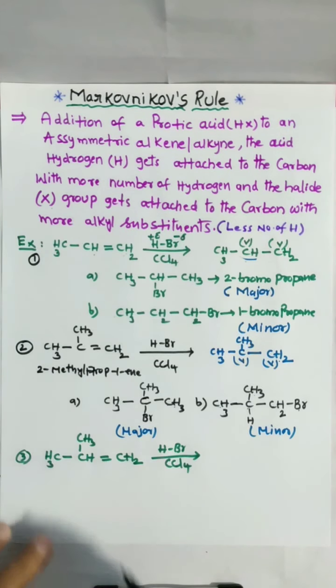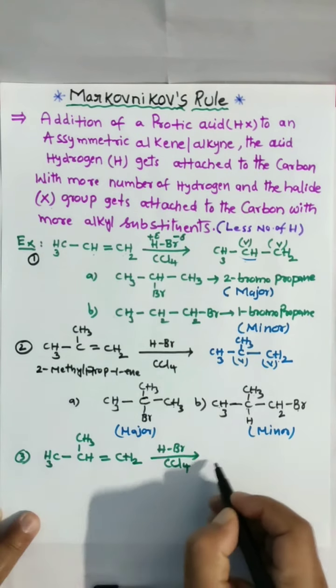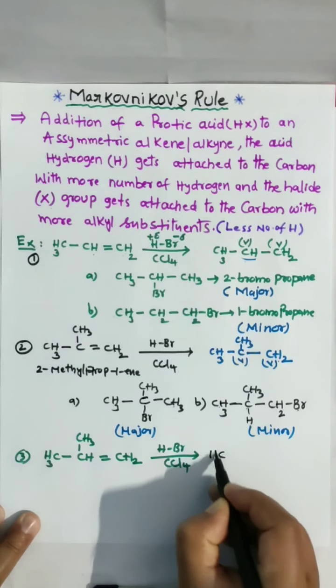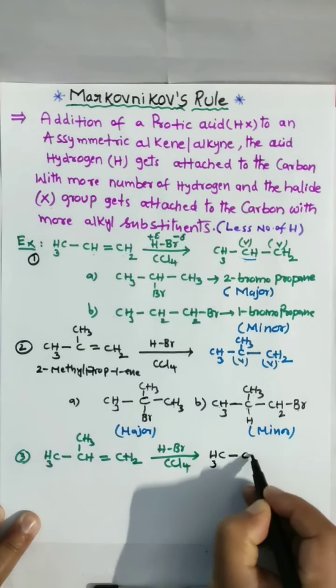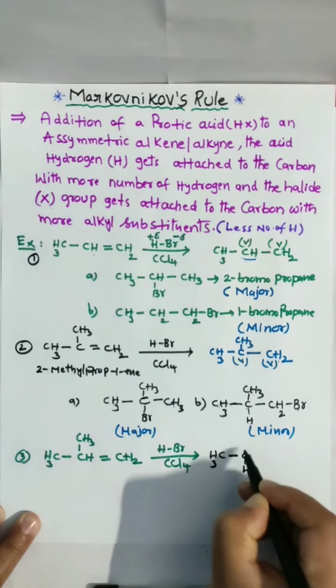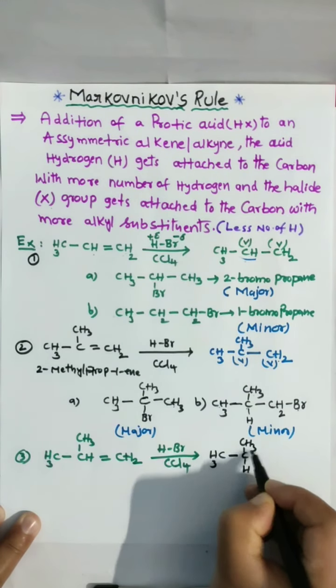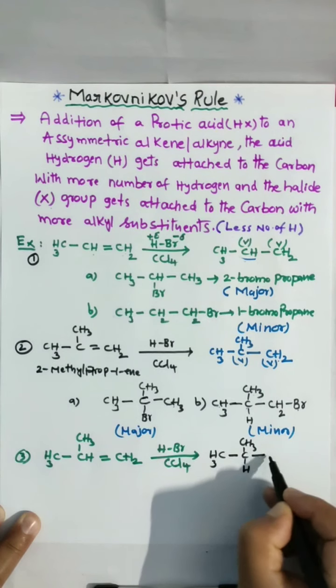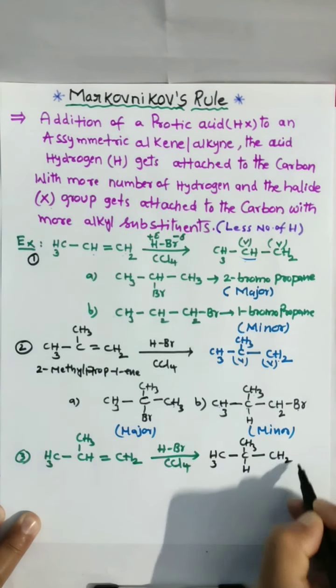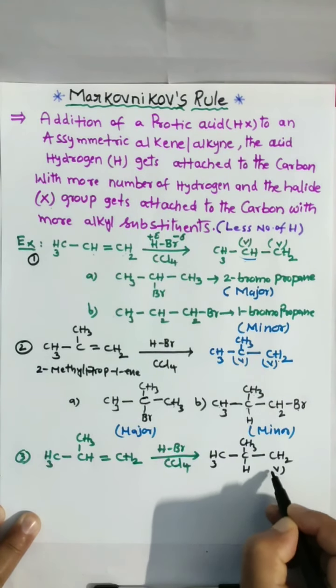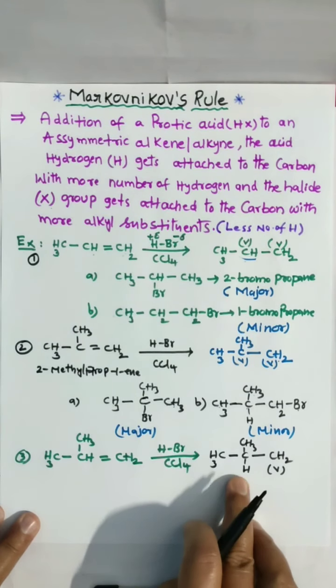See, first I am writing breaking of double bond. CH3. First you write like this. Then confusion will be reduced. CH3, break this bond, CH2. Here one vacancy we have, but here now vacancy is not there.